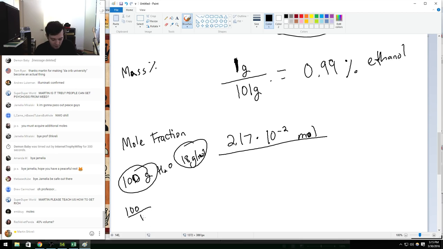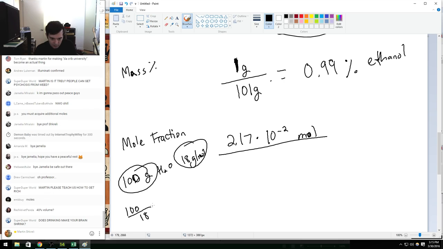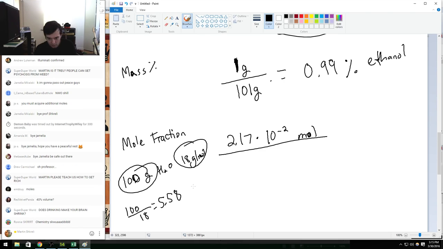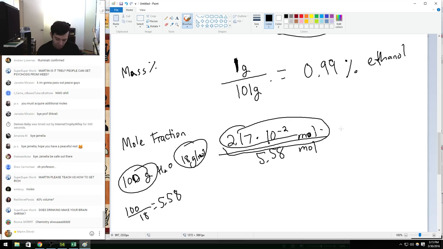In fact, we have 100 divided by 18, which is 5.58. So we have a very small amount, 0.02 moles of ethanol, but we have 5.5 moles of water. So the mole fraction is 0.0389.